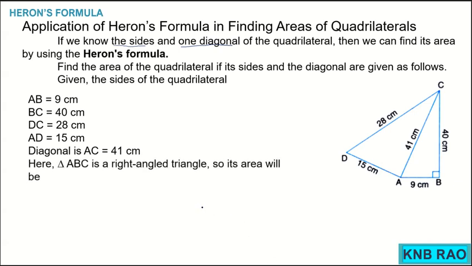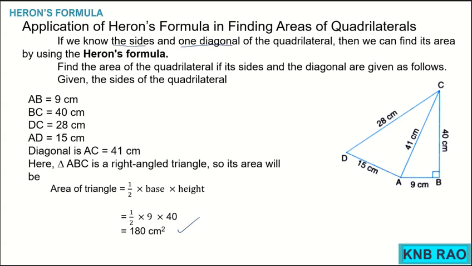Here triangle ABC is a right angled triangle, so its area will be half base into height, thus half into 9 into 40, it gives you 180 centimeter square is the area of the right angled triangle ABC.